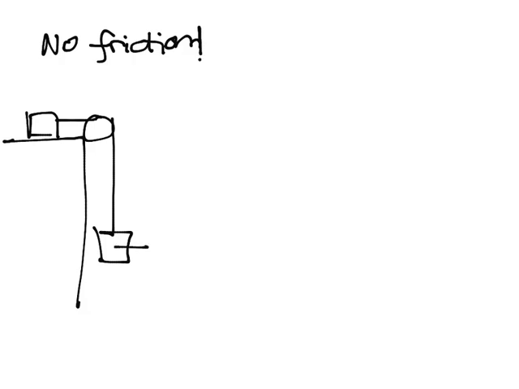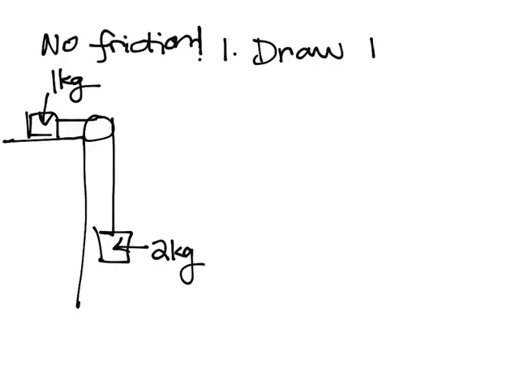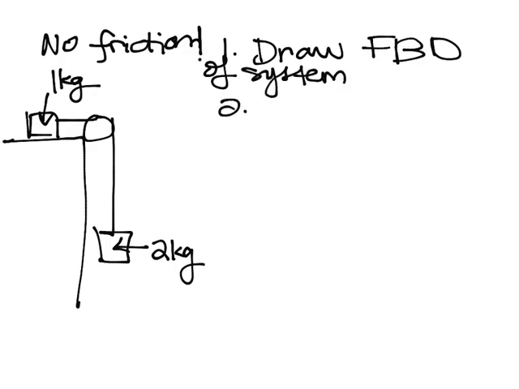This block is 2 kilograms, and this block is 1 kilogram. I want you to first draw the free body diagram of the system, and second, find the acceleration. So take a minute and try to do that.